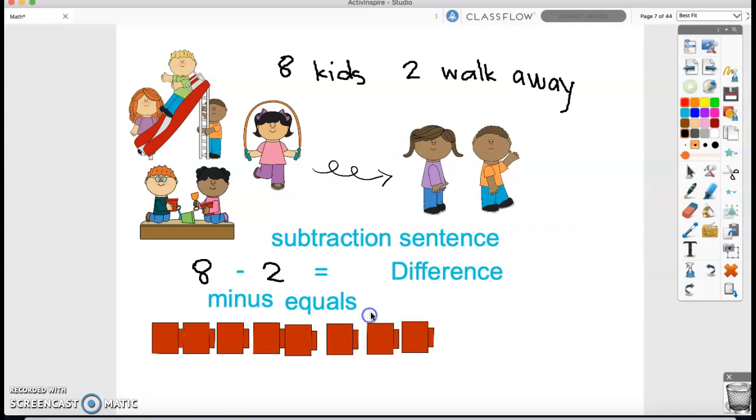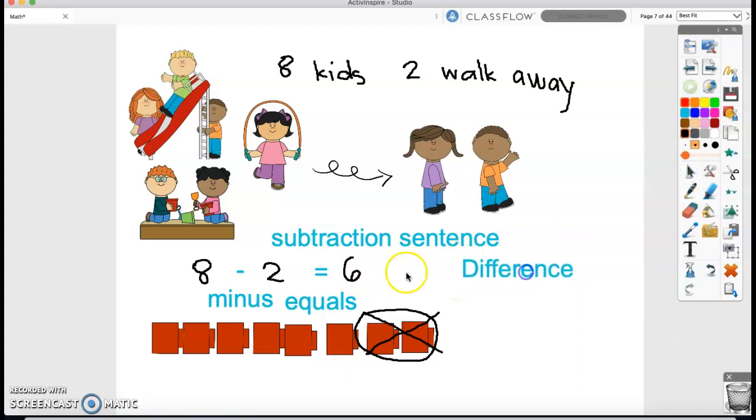So I'm going to circle 2 kids that walked away, and I'm going to cross them out. So I'm going to count how many I have left. 1, 2, 3, 4, 5, 6. So we have 6 kids that are left. And the answer would be the difference, but it would be 6 kids left.